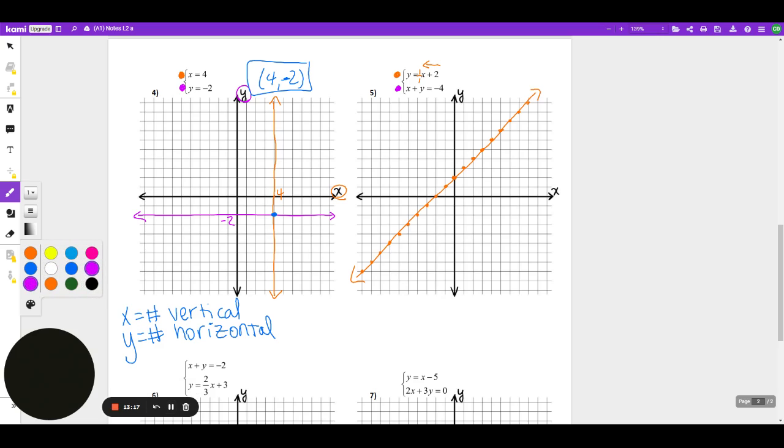Now, before I can graph this, I have to recognize that my y is not by itself. So let me go ahead and rewrite this off to the side so that I can get my y by itself. I'm going to go ahead and cancel out my x's. A positive x and a negative x will cancel.